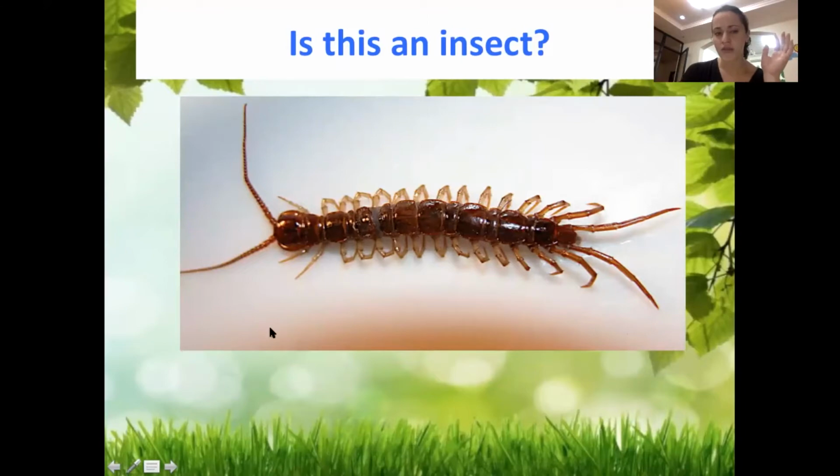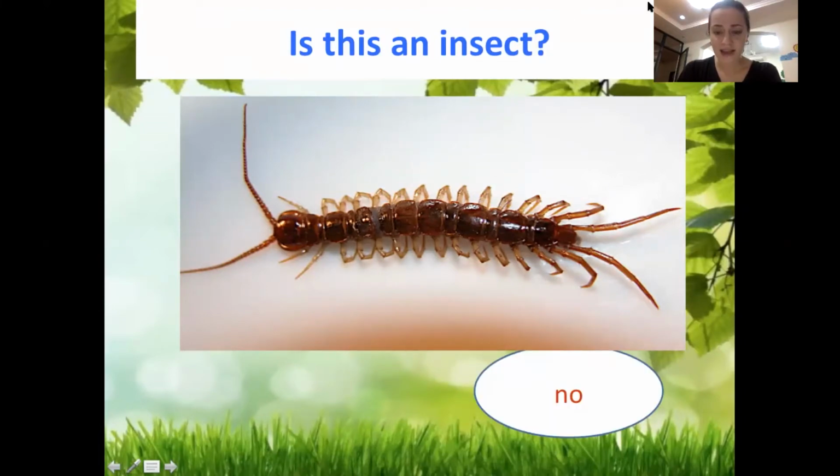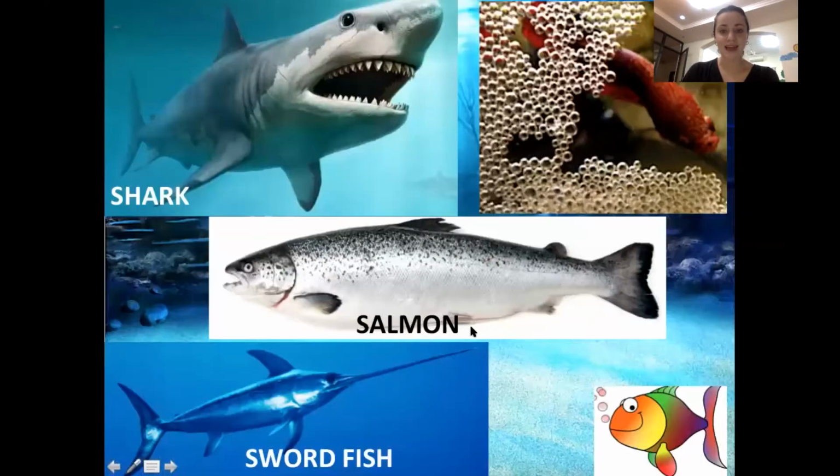Yes or no on 3. Ready? 1, 2, 3. No. Leo, why is this not an insect? Because it has more legs than 6. Very good. Excellent answer.